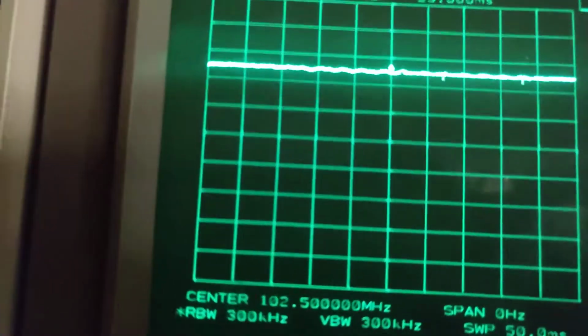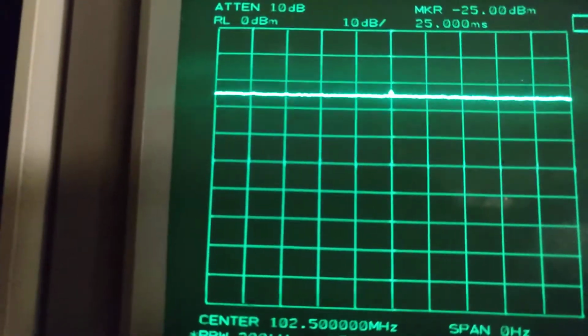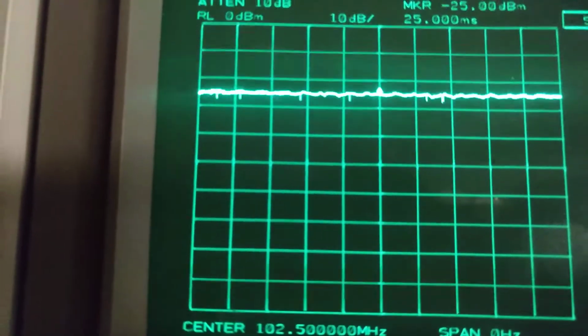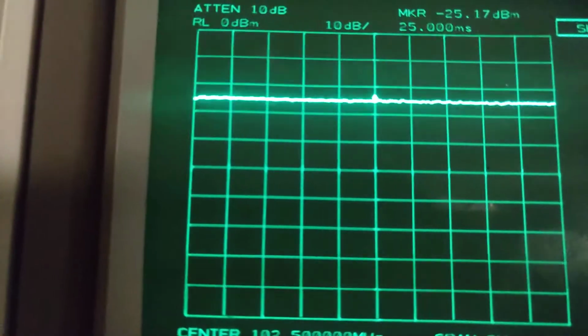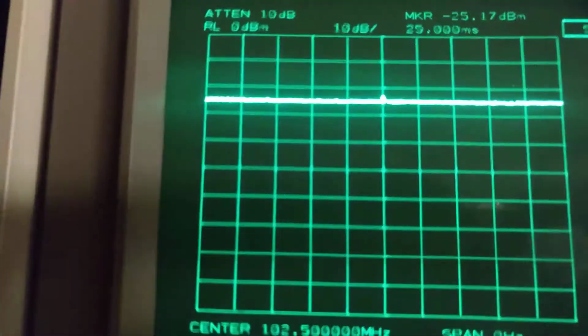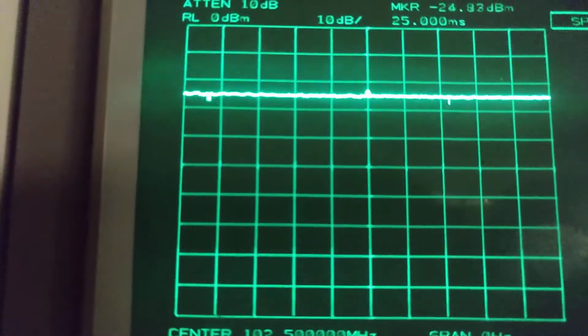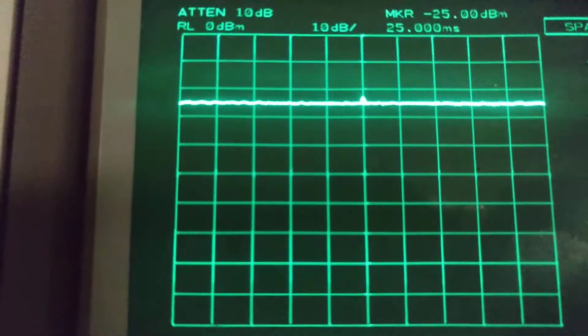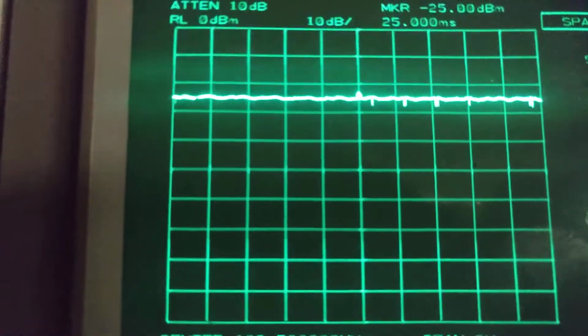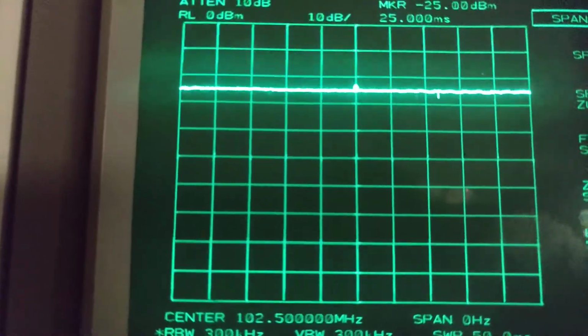This is the way to measure an FM modulated signal. I'm now with zero span, I'm measuring in the time domain, and you see that the power is nearly constant.